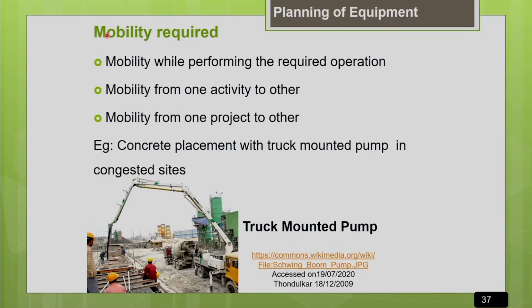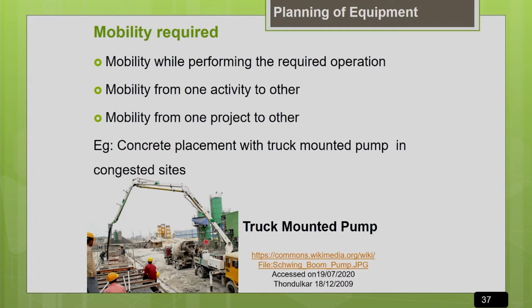This picture shows a truck mounted concrete pump with a boom. Basically we prefer this equipment in sites which are very much congested, where we cannot even lay pipelines on the ground for conveying the concrete. For placing the concrete, if you are not able to place the pipelines on the ground because of the congested site, we can go for this option.